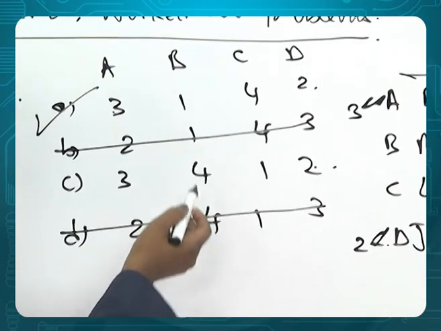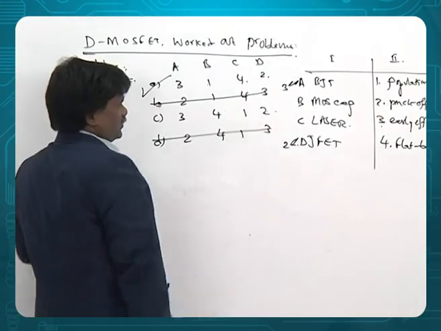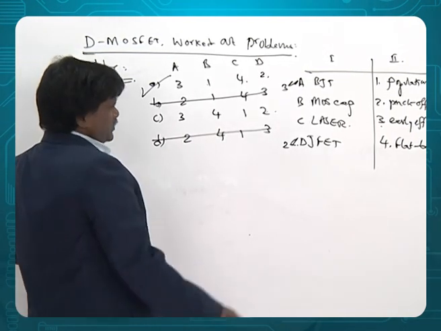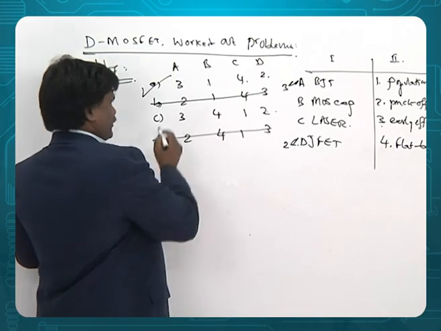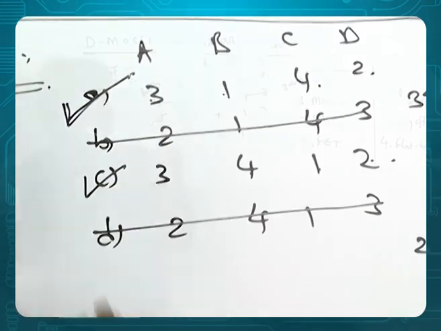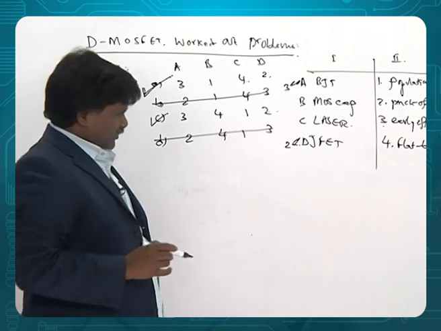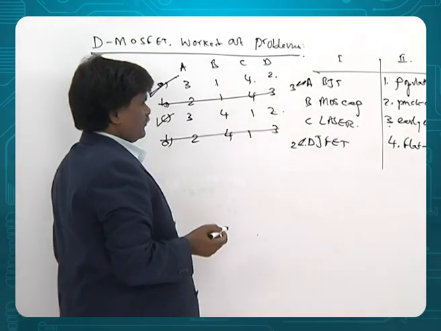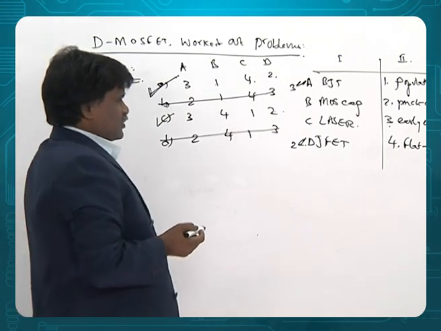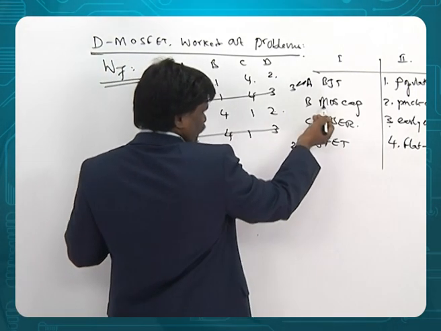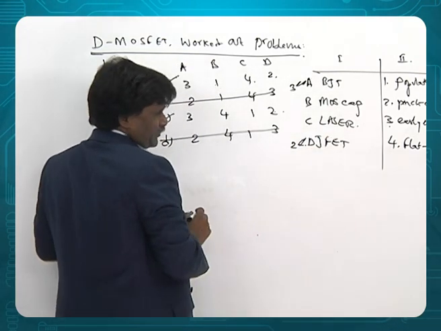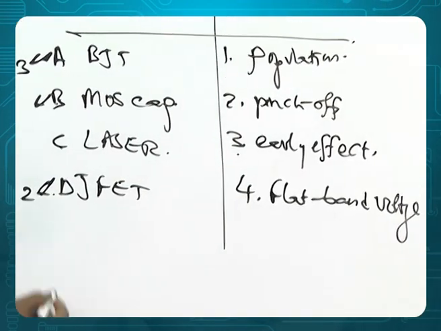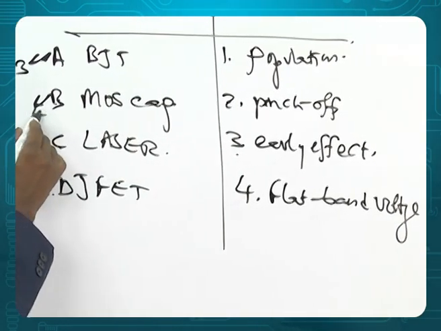Now there is a confusion between 1, 4. Because there are 4 things, at least 3 you must know. So let us check for one more answer. It seems to be A, it seems to be C, but we need to finalize the best one. For those 2, you have to identify what these 2 are. So if you know one of these 2, the best option you can go for is B, flat band voltage, that is called 4.